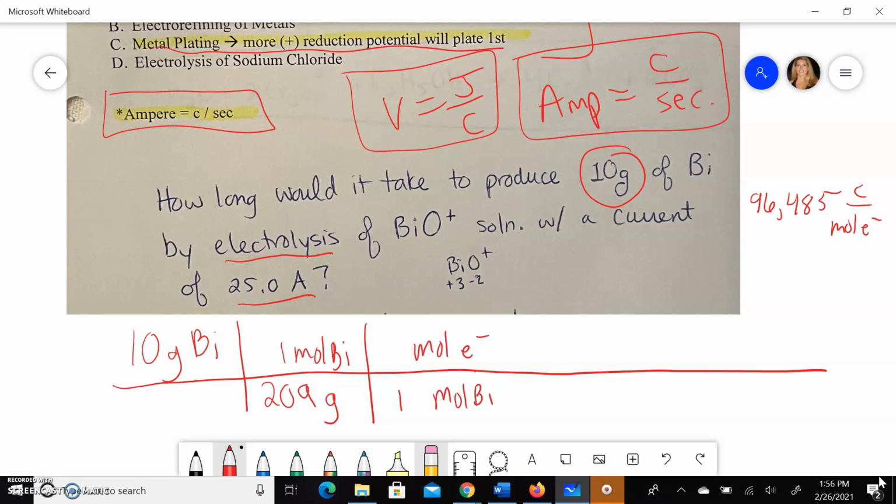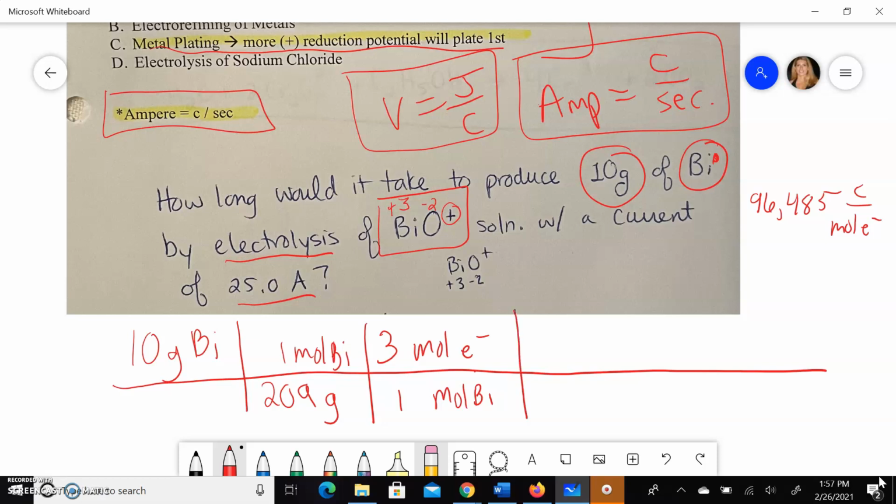For every 1 mole of bismuth, it's going from Bi neutral to whatever the charge is in this compound. So now we need to figure out what the charge on bismuth is in that compound. Oxygen is -2, and the whole thing needs to add up to +1, so bismuth has to be +3, because +3 and -2 would give you an overall charge of +1. So we're going from neutral bismuth to +3, which is a difference of 3 electrons. And so now I know that we have 3 moles of electrons for every 1 mole of Bi.